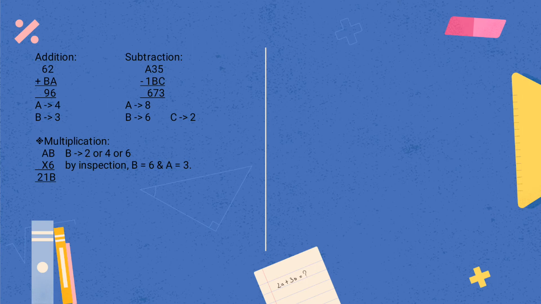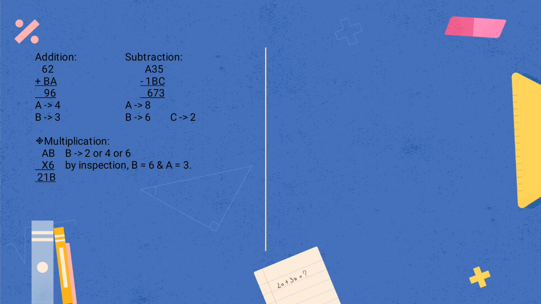Clearly you can see that if you add 4 to 2, you will get 6 in the units place, right? In the same way, if you add 3 to 6, which means if you substitute B equals 3, you will get 9 in the tens place, right? So let us go to the subtraction part.